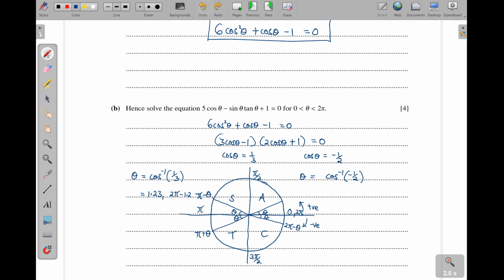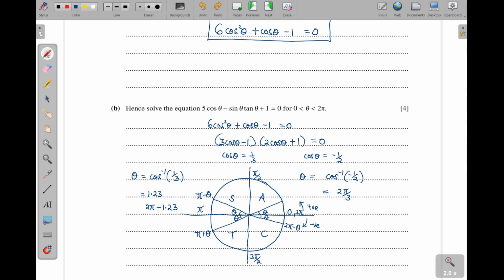1.23. Okay? I think this one is too congested. Let me just put it here. 2 pi minus 1.23. Then here, the arc cos of this one, the calculator will give you the obtuse angle here, where cosine is negative, and it will give us 120. 120 is the same as 2 pi over 3, because this is 60 times the 2, right?